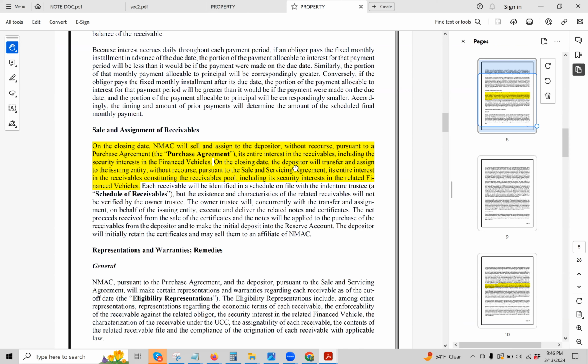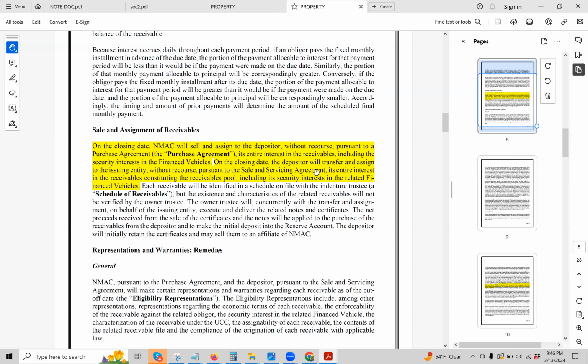On the closing date, the depositor will transfer and assign to the issuing entity without recourse, pursuant to the sale and service agreement, its entire interest in the receivables constituting the receivables pool, including its security interest in the related financed vehicles.